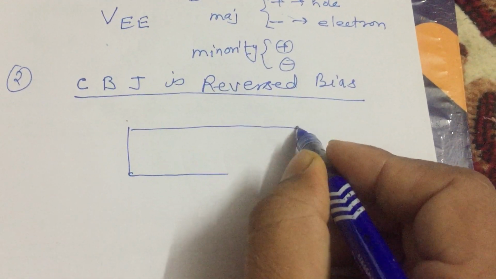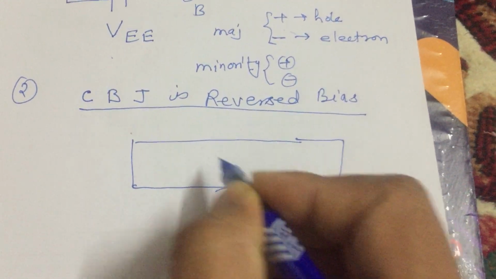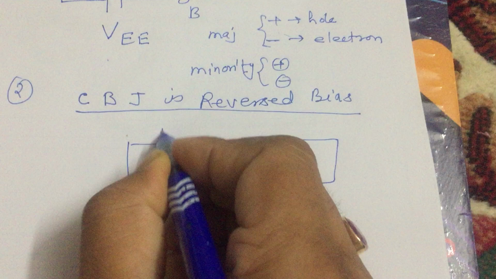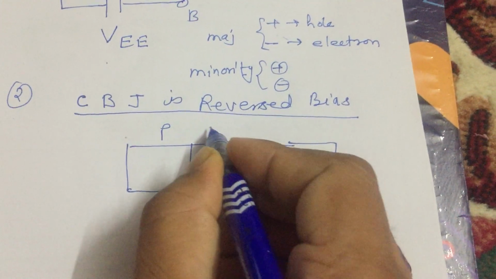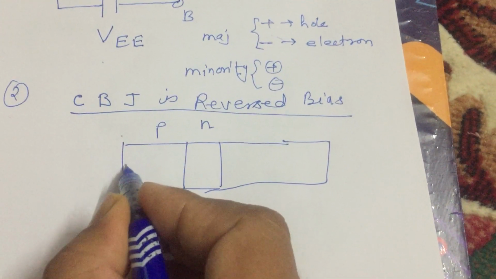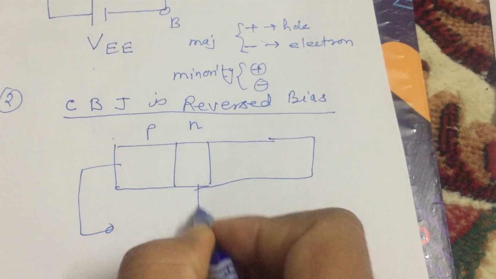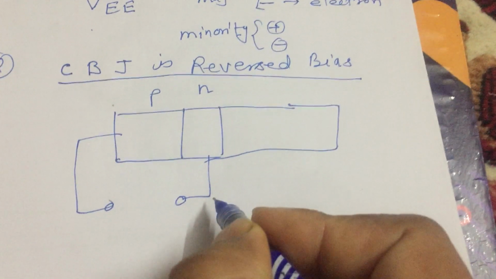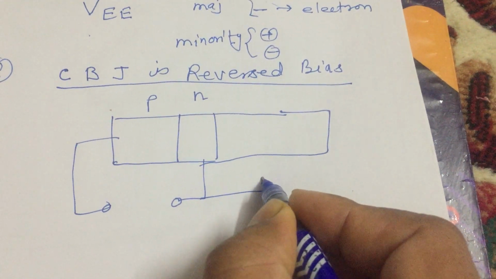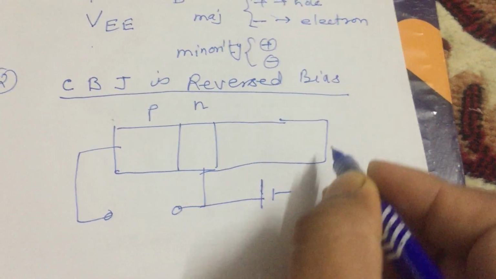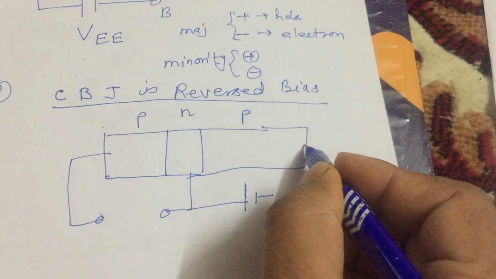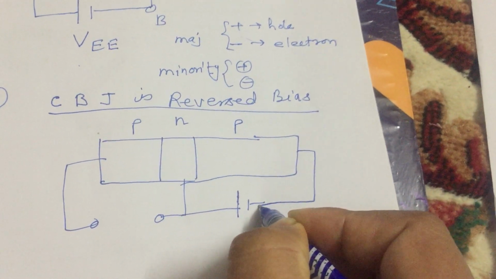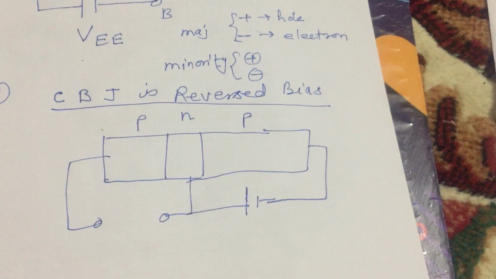So we take both separately. It means when the emitter and base are forward bias, it doesn't matter, we think there is nothing. We only talk about this region, and it is reverse bias. It means we are connecting P with the negative battery and N with the positive battery.